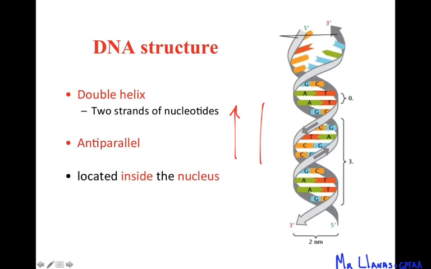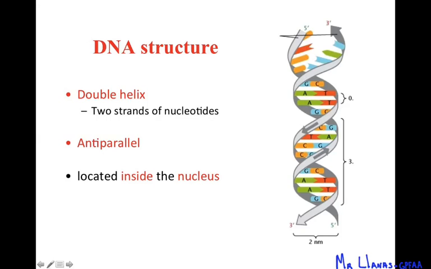If these two arrows are parallel to each other, they're going the same direction. They never touch each other. That's parallel. Anti-parallel is the same two arrows, but one going up, one going down. They're parallel, but they're not going in the same direction, so we call that anti-parallel. You can see that from the structure of DNA, and we'll go into more detail once we start labeling our picture.